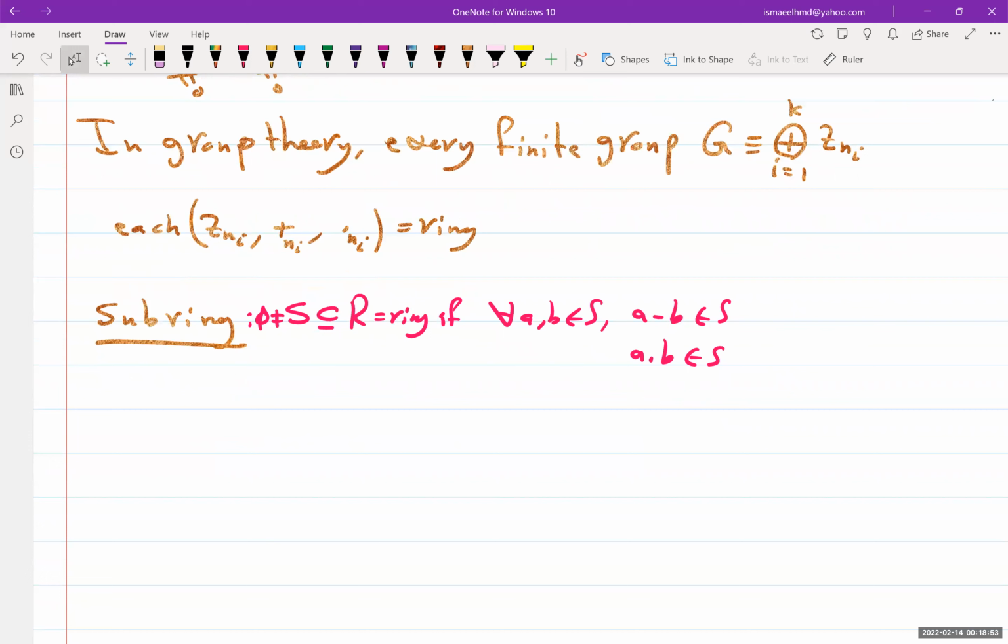Of course, the intersection of any two subrings is a subring.